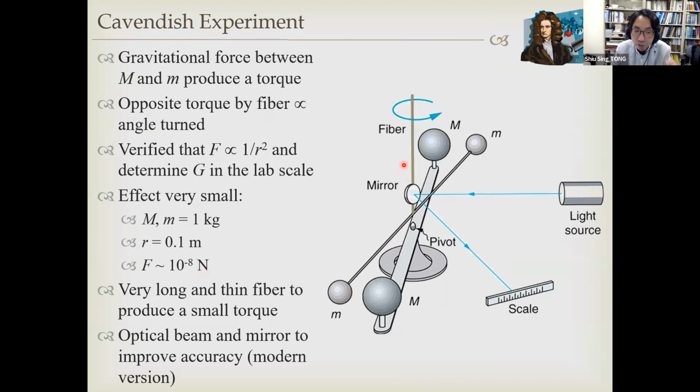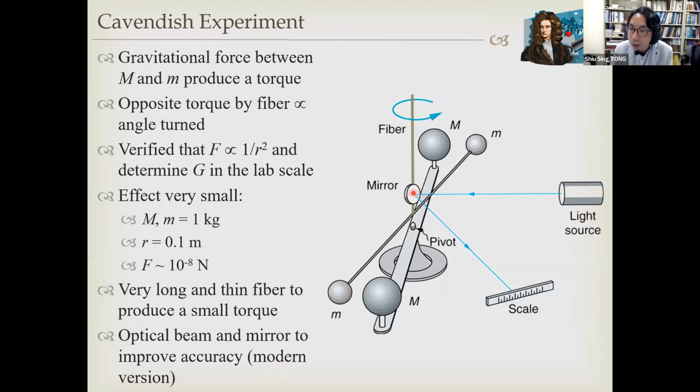But with a very long and thin fiber, you can still produce a small torque to just counterbalance the torque produced by the force of gravity, and so you will be able to measure the gravitational force. Now, a modern version of this experiment, not in Cavendish's time, consists of a light source, typically a laser, and a mirror here.